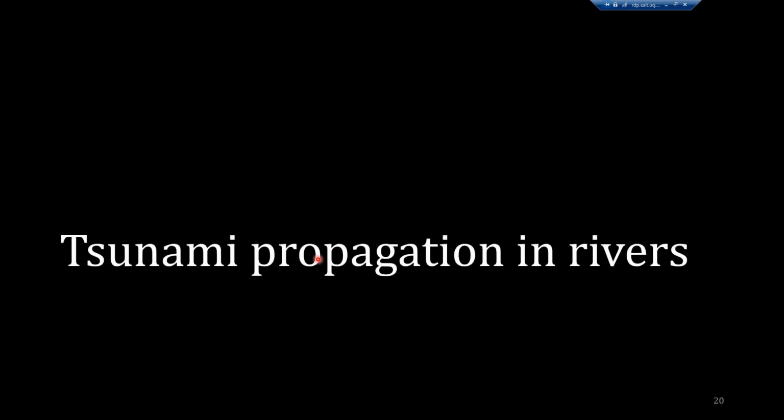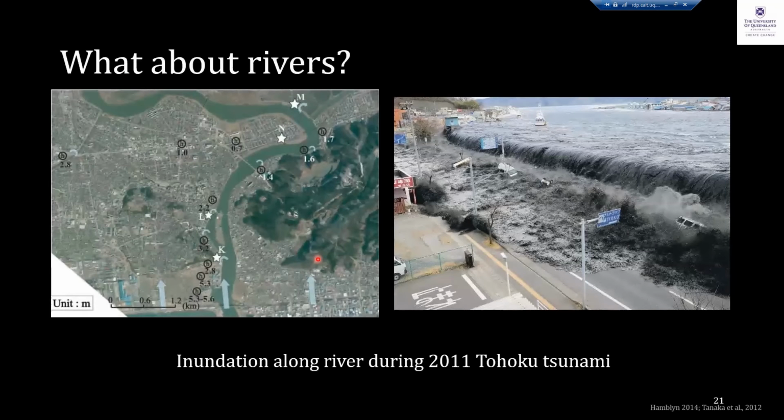So now I want to talk about tsunami propagation in rivers, which is a part of my PhD thesis. The first question is why to study tsunami propagation into rivers. On the left-hand side, we see a picture from Japan. There was a river going through this city, and there was a mountain here.